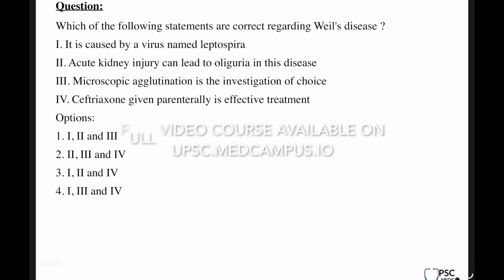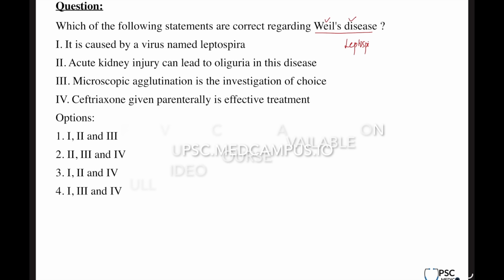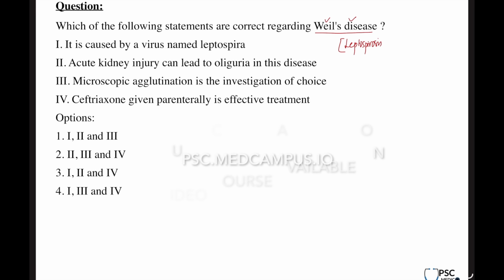Now, which of the following statements are correct regarding Weil's disease? Weil's disease, otherwise known as leptospirosis. Leptospirosis is caused by bacteria known as leptospira, which is spira, that means spiral shaped, gram negative.